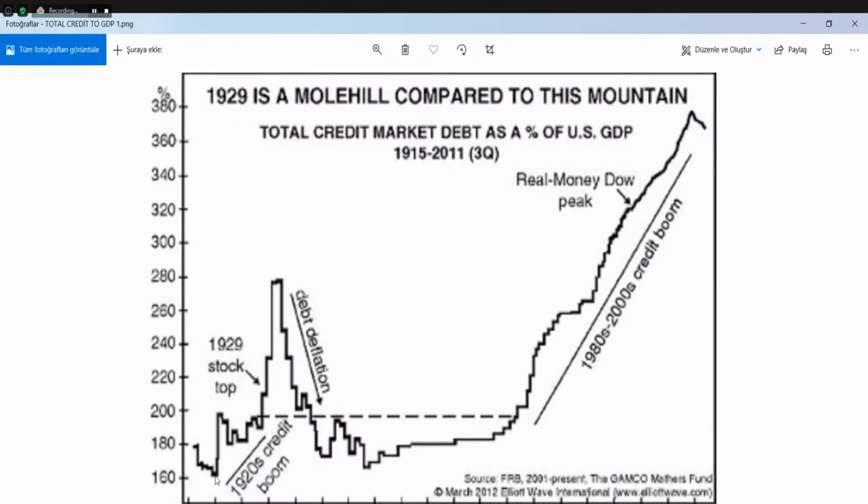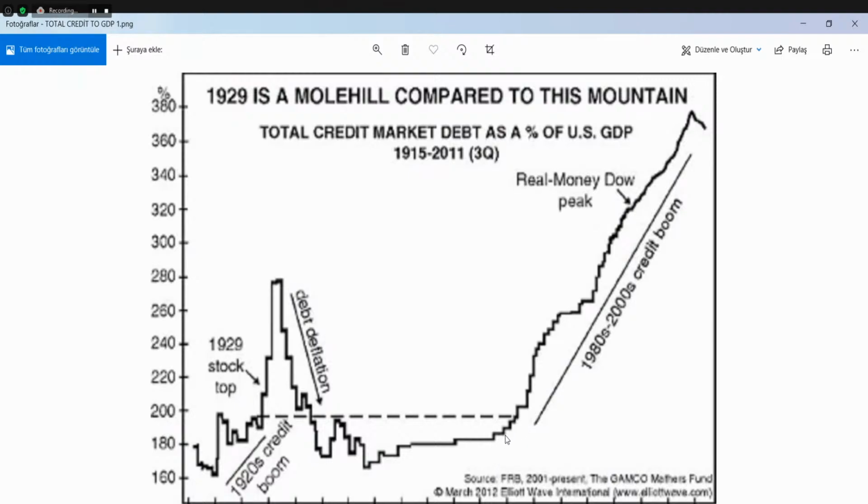And when you look at this chart, there's no credit bubble at that time. So there was no financial crisis at that time. We don't remember a big financial event between 1918 and 1920. We have a mild recession, but we don't have a crisis. What we see here in 1929, there is a credit bubble.